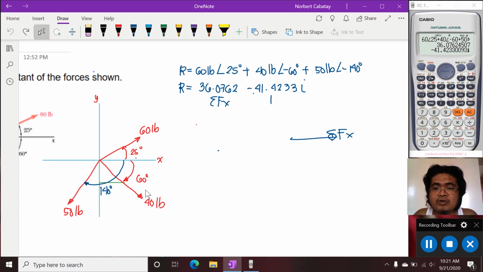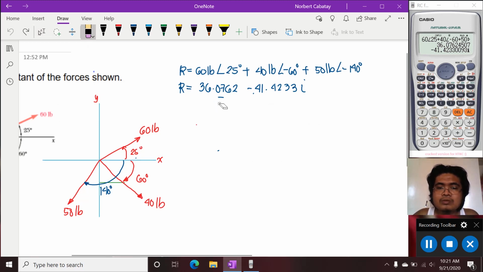It's mode. Store it again: shift, store.